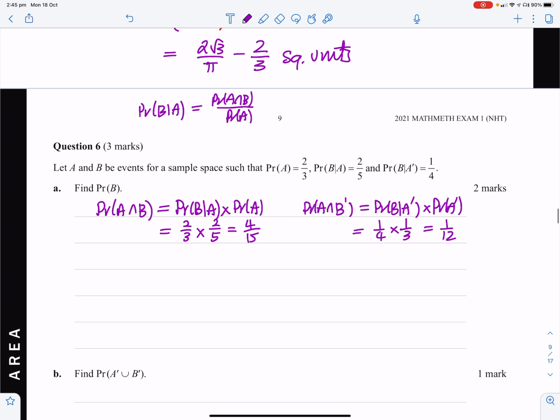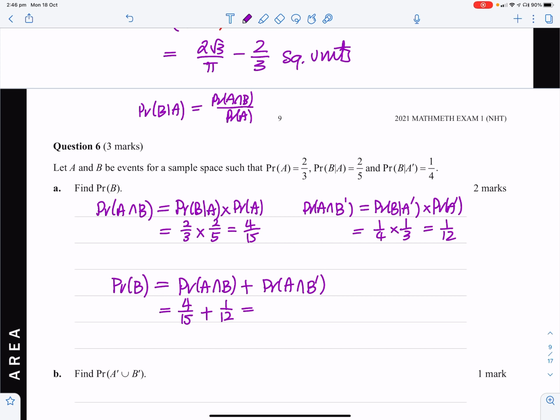The probability of B is the probability of A intersects B plus the probability that A intersects B not. I think it's called the total law of probability. 4 over 15 plus 1 over 12.